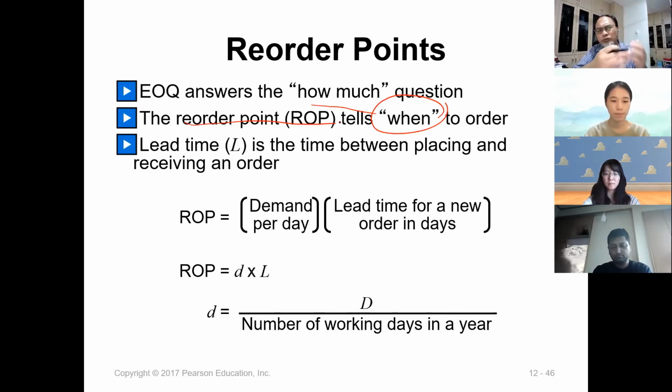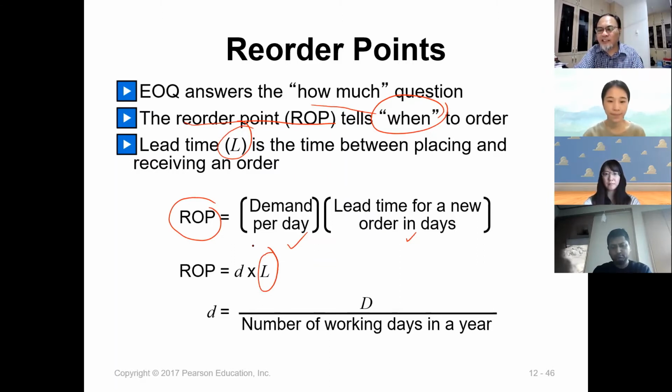I mean, you use from 200 daily until you use down to 100 left. Should you order? This is what we call the reorder point. So reorder point is demand per day multiplied by lead time. Obviously, you need to know the lead time. And in this case, lead time is constant, fixed.